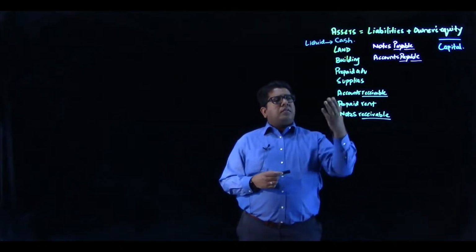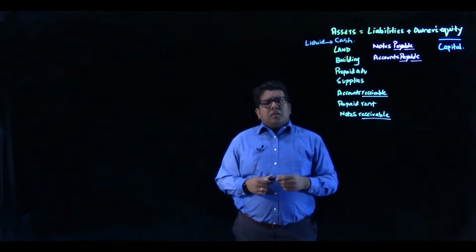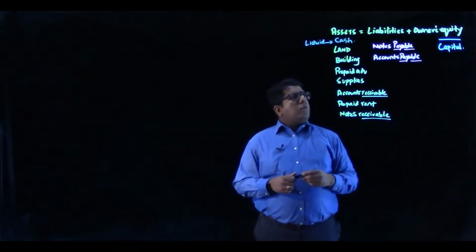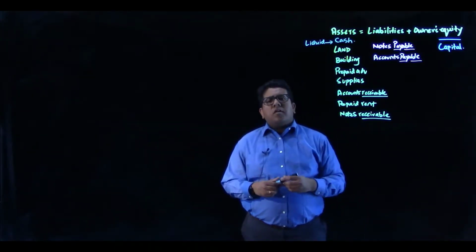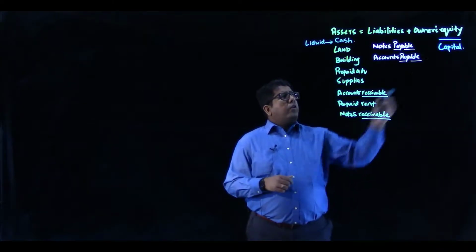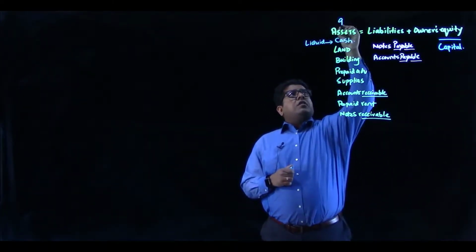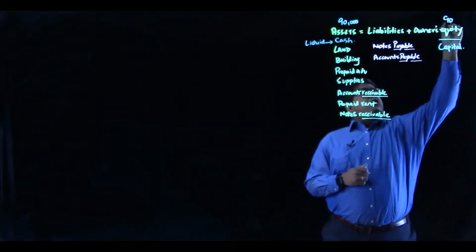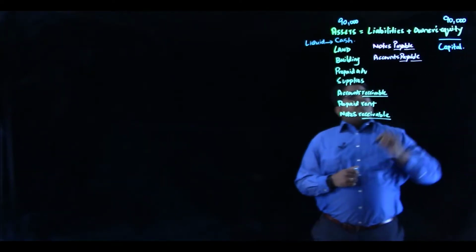Accounts receivable is another liquid asset. And your capital goes to your equity. So going back to the question, the $90,000 would be going towards your owner's equity. So $90,000 cash in assets, $90,000 equity, which will be your capital.